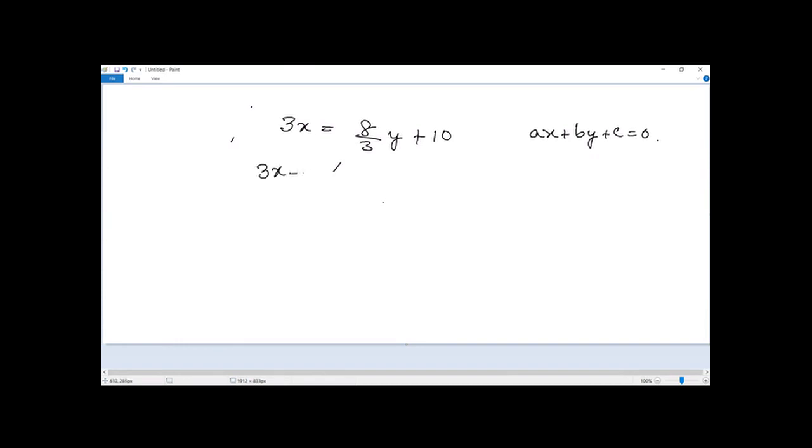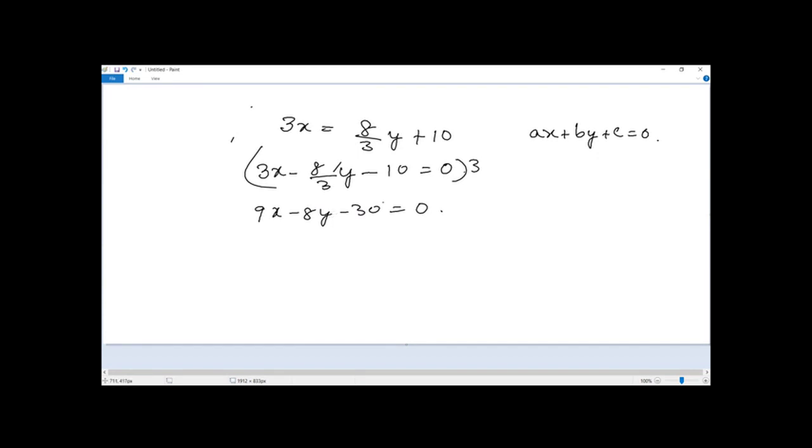You can remove the 3 by multiplying by 3. You will get 9x minus 8y minus 30 equal to 0. This is a standard form where we don't have a fraction for a coefficient. This is also one way of writing.